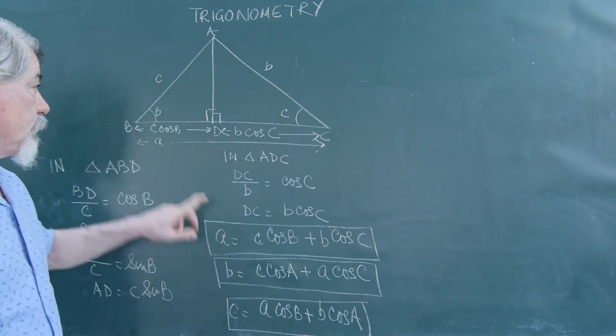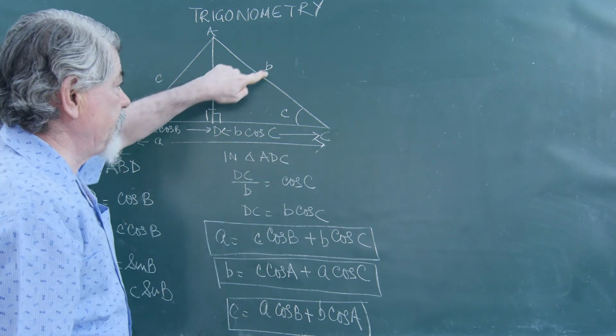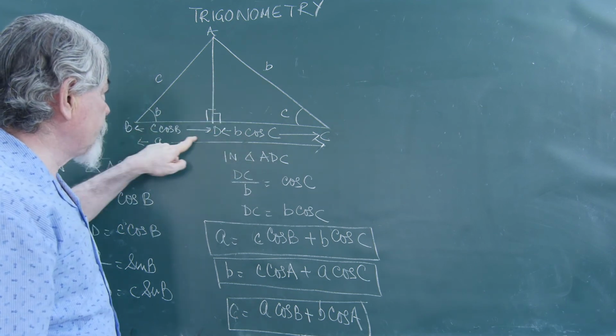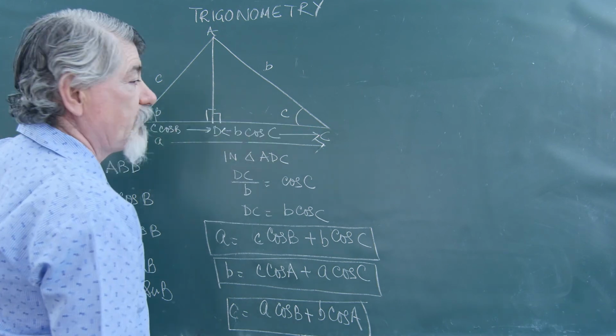a will be equal to c cos B plus b cos C. The projection is on a.